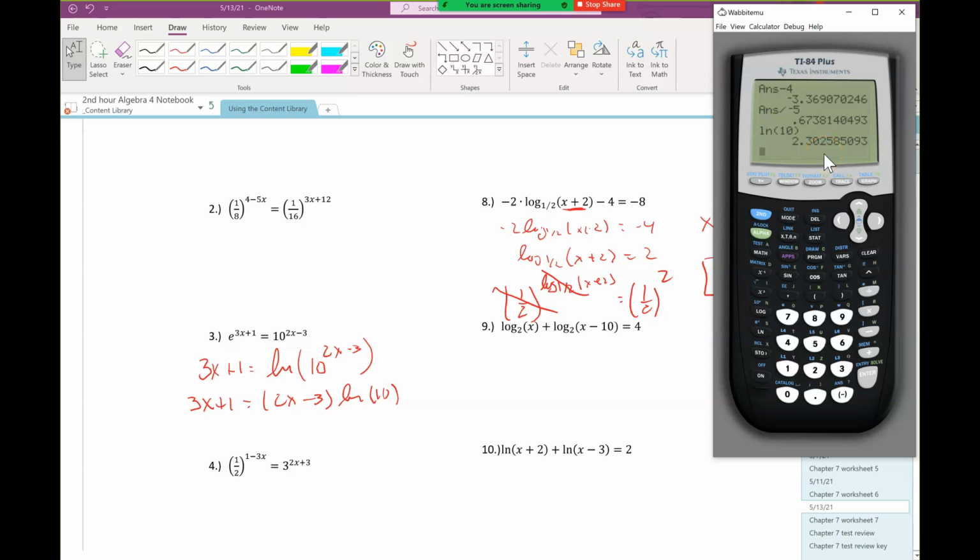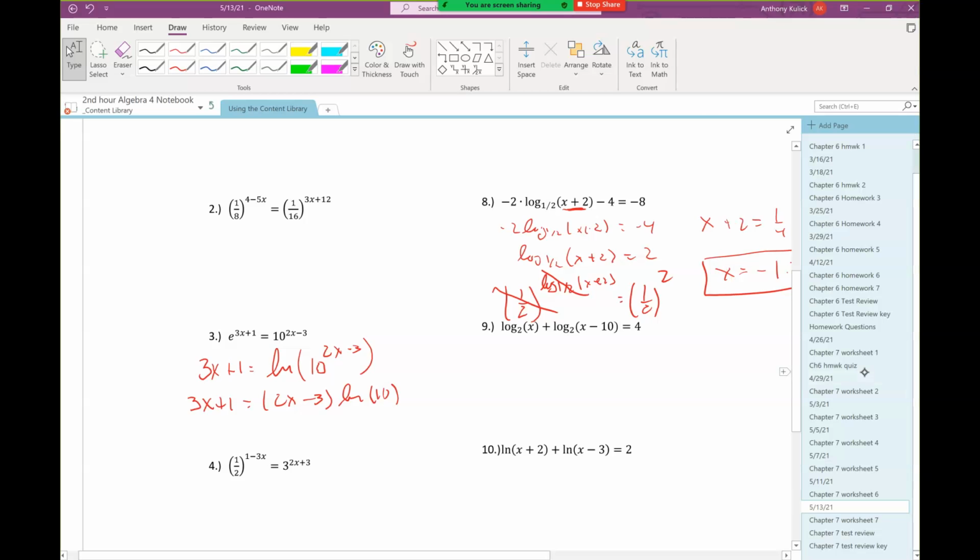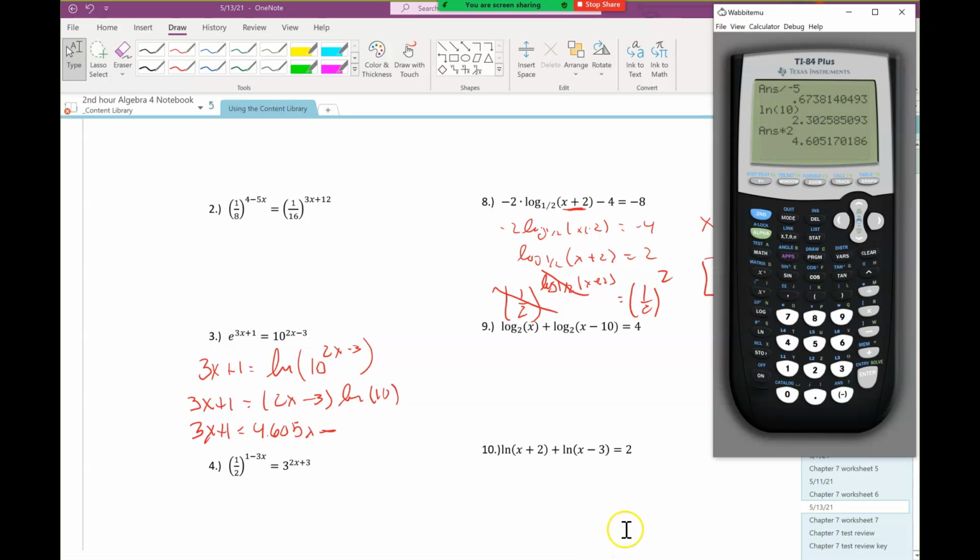So I can just distribute that through to the 2 and the -3. Do the same thing. 698.